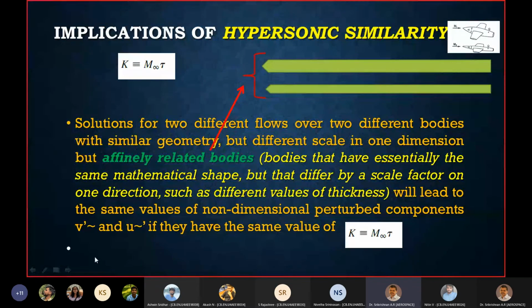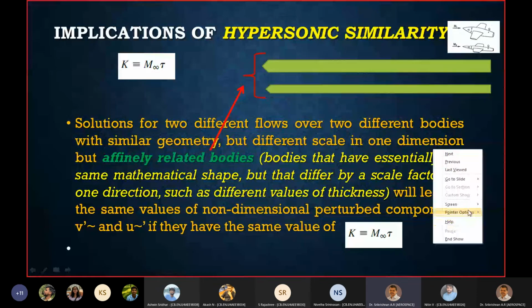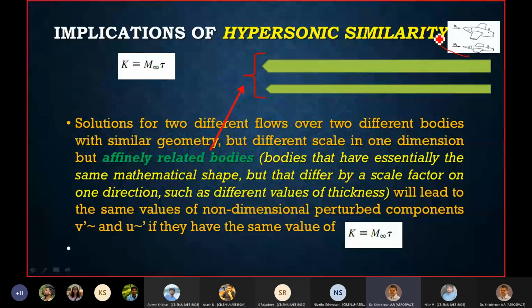Okay, so the box on the top says that if you are looking at two hypersonic bodies with similar shapes, but maybe a difference in the transverse direction, then the velocity field around them, in terms of the non-dimensional parameters v bar and u bar, will be the same.